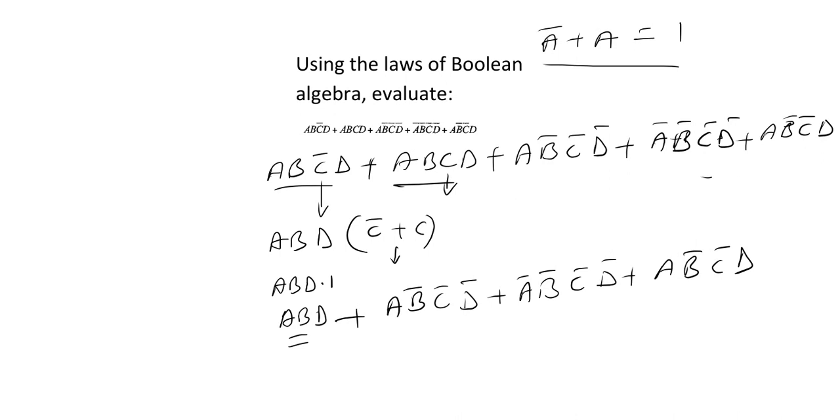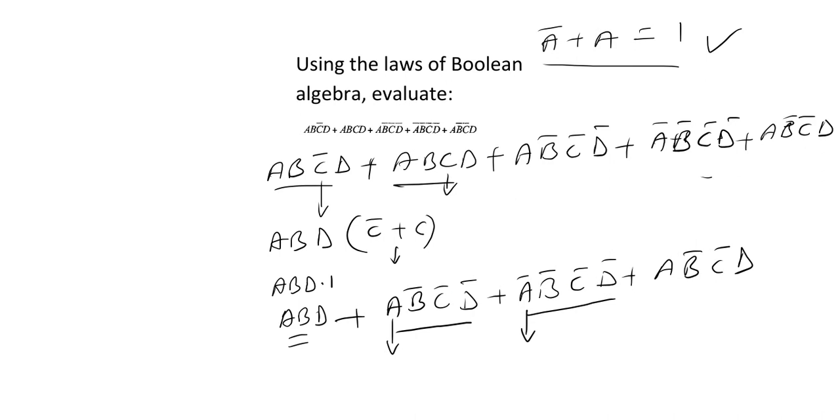Considering the expression also, when we look at this term and this term, we can apply the same law because our A here is not complemented and the A here is complemented, and the rest of the terms are common.